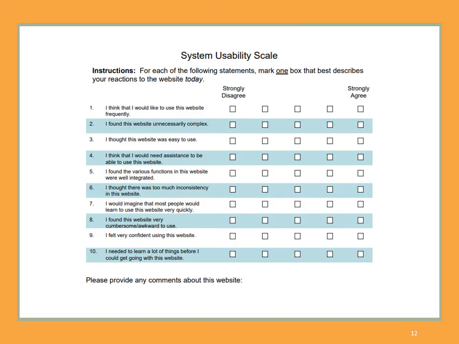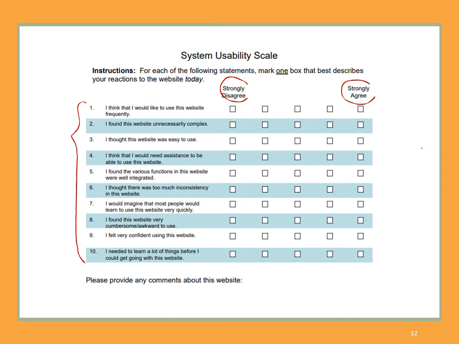This slide shows what the SUS looks like in terms of the 10 questions and also the 5 scales. These are the 5 scales, starting from strongly disagree to strongly agree, and these are the 10 questions. The user, of course, fills in this form or questionnaire by answering each question and checking his opinion.